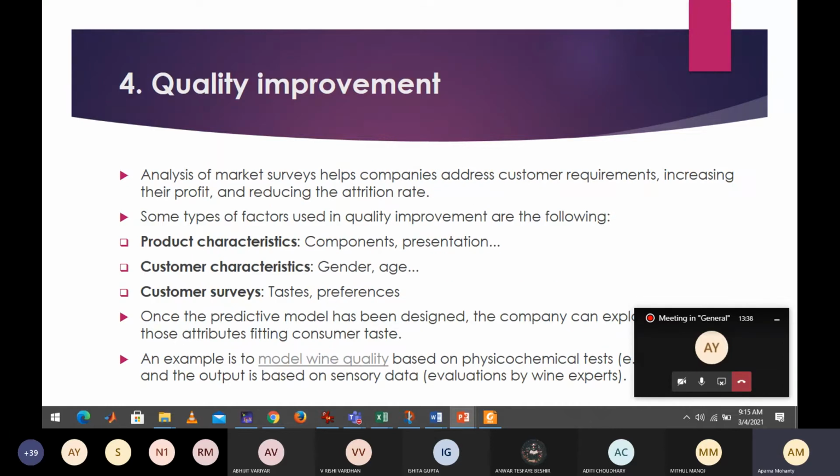Next is quality improvement. How to improve the quality of the product? The first thing is how predictive analysis helps in improving quality. Suppose you consider the product characteristics, the components, whether it is presentable or not, the customer characteristics, gender, and customer service.